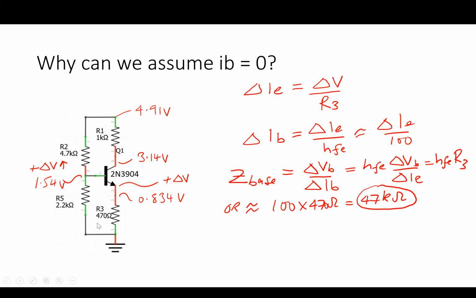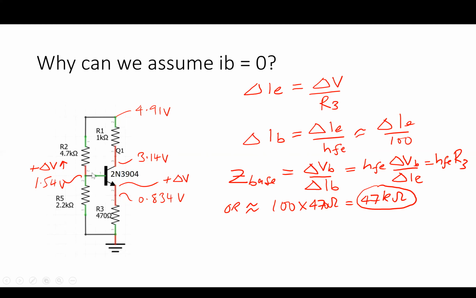What makes the voltage divider so robust and not sensitive to having a transistor here? If I replace these by much larger resistors, this would not be true anymore. Well, let's take a look at that. The current through the base here is going to be the emitter current divided by the current gain of the transistor, which is about 100.